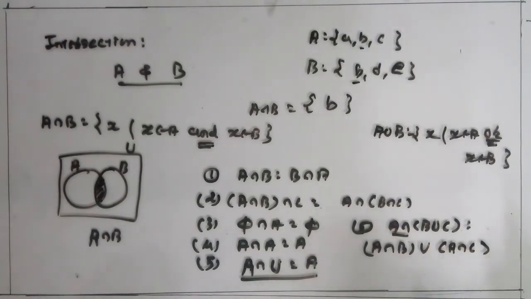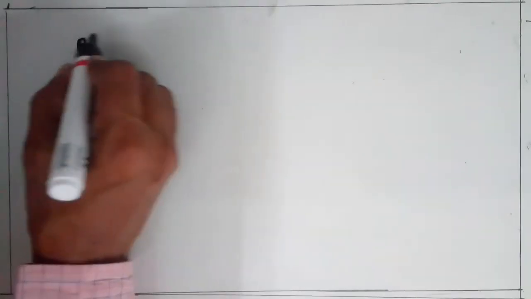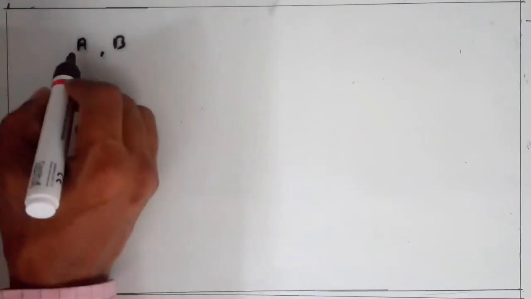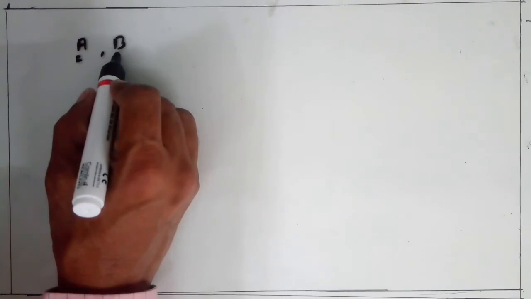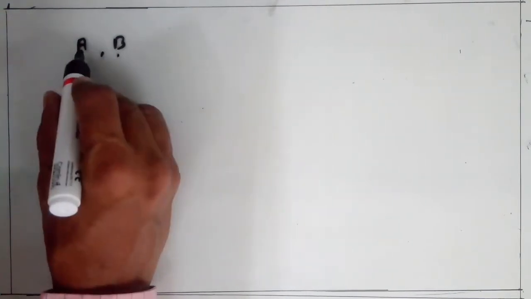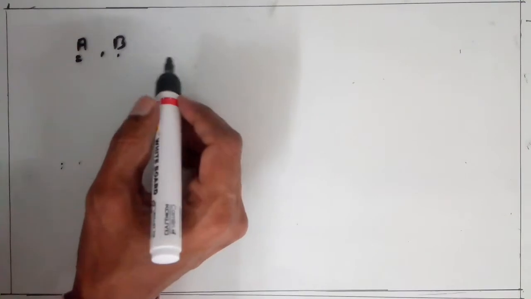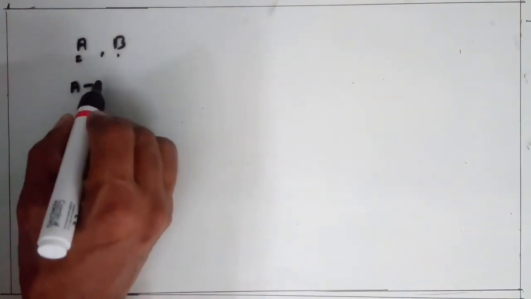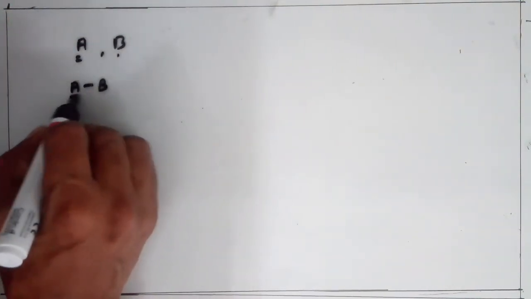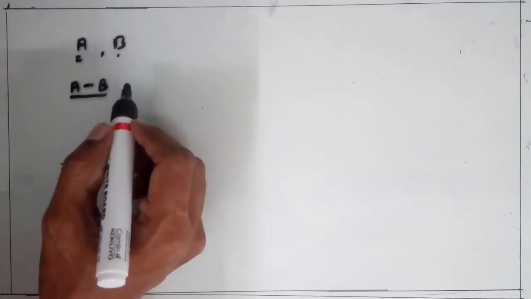Now here we discuss the difference set for two sets A and B. Remember this. The set of all elements which are in A but not in B is called the difference of A and B, and is denoted by A − B. Clear?